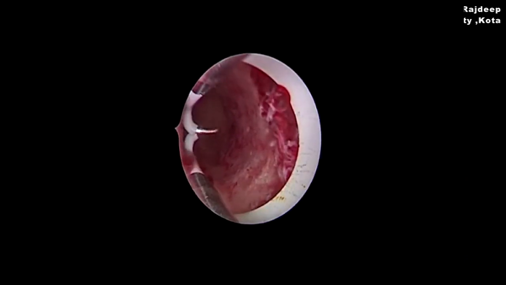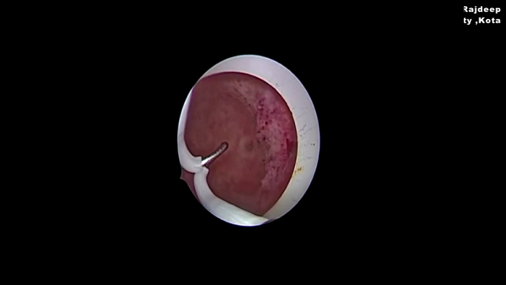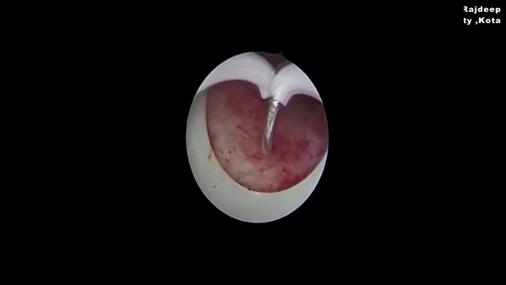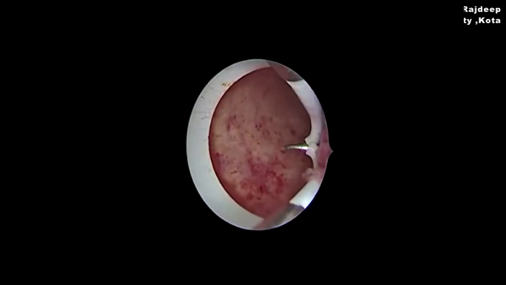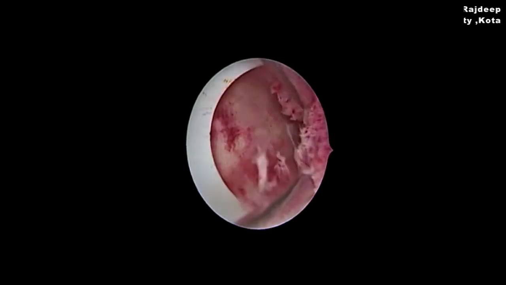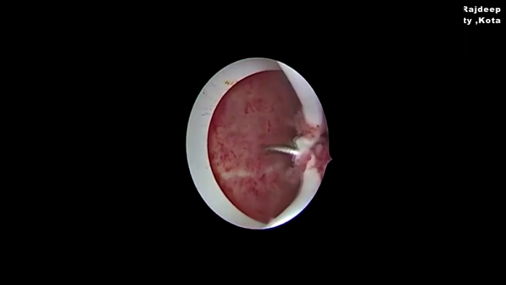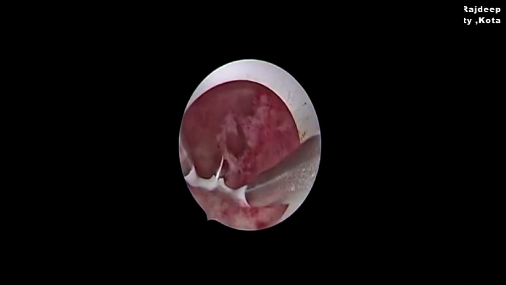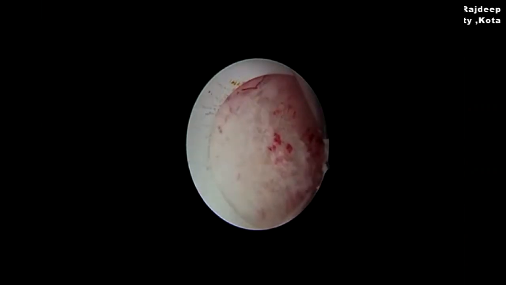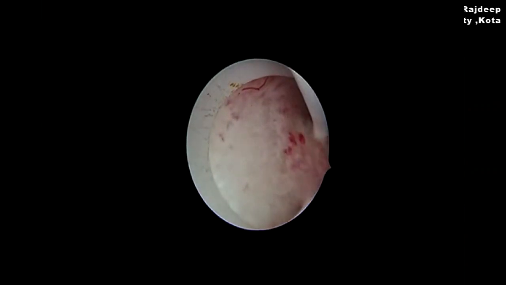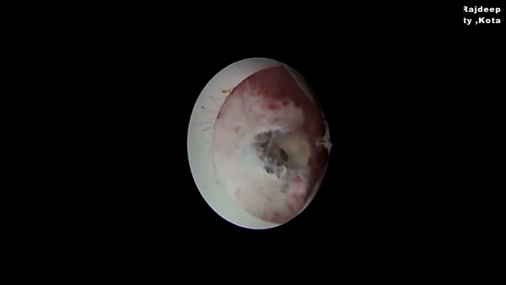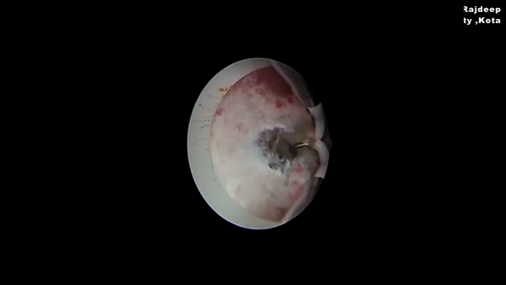Then when we introduced the scope inside, the lower end of the uterine septa was not seen, so we introduced the scope in one cavity, and from one cavity with the help of the Collins knife we started the resection of the uterine septa between the anterior and the posterior uterine wall just above the isthmus.